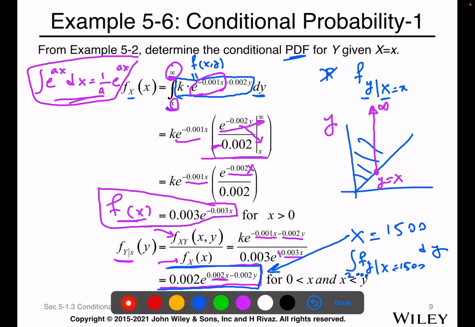I wanted to calculate the probability that the time exceeds 2,000, so this is the probability that I want to calculate.